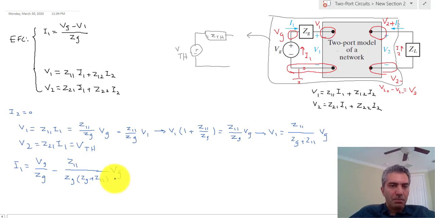So now putting that whole thing back into this equation, I can calculate Vthevenin.